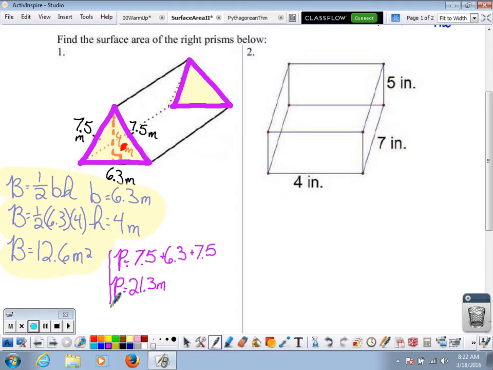So I have the area of the base, and now I have the perimeter of that base. Once I have those, I can sub those into the formula for surface area. Surface area is equal to 2 times the area of the base plus the perimeter of the base times the distance between the bases.